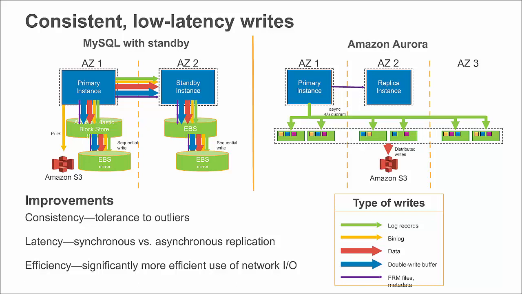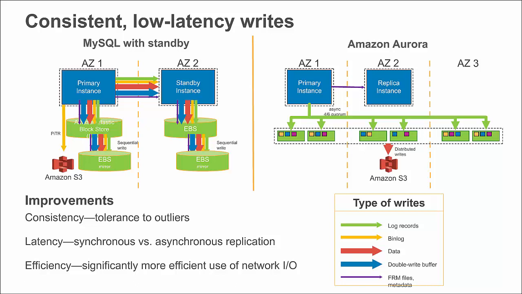Then it gets distributed across multiple nodes, 6 nodes across 3 different availability zones. All that happens in parallel. The writes happen in parallel. We have a quorum-based write technology where once 4 out of these 6 writes are done, it acks back so your database can proceed to the next transaction, thus heavily cutting down on the number of writes as well as I/O and the network traffic.